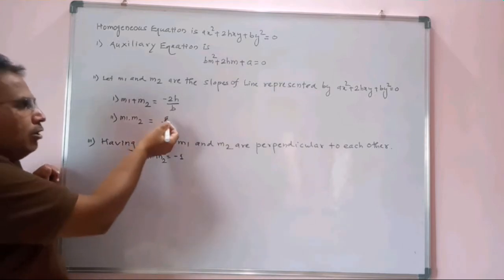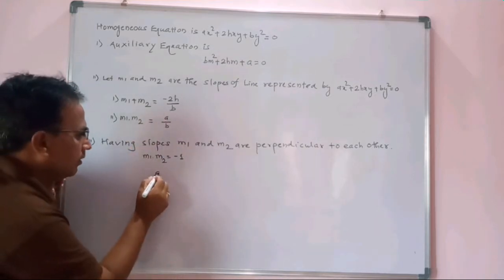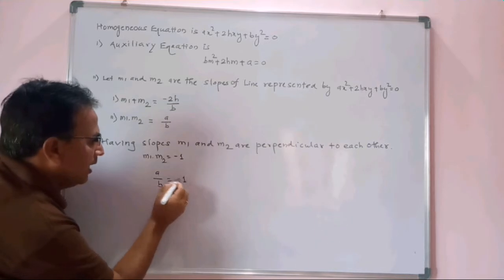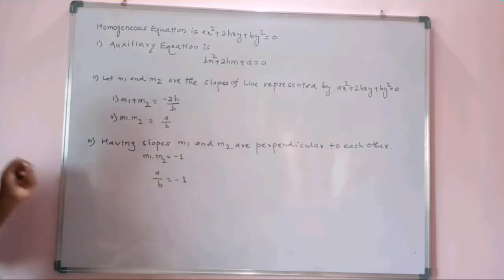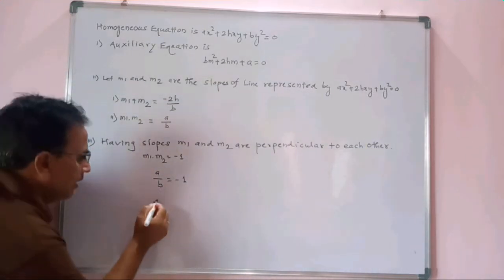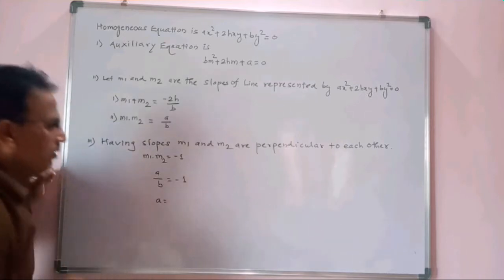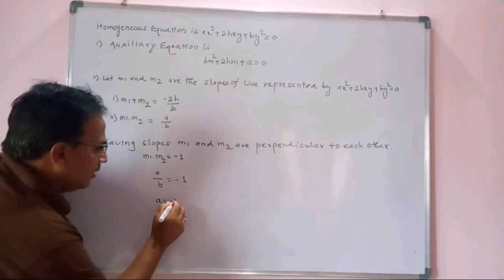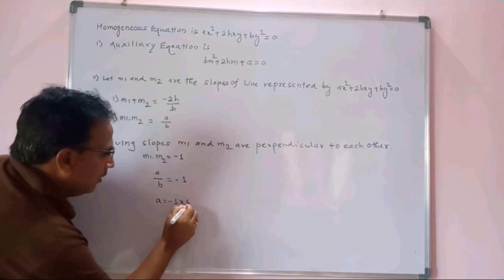Therefore, the value of m1 into m2 is a divided by b, which equals minus 1. So a by b equals minus 1. Therefore, a equals minus 1 into b.